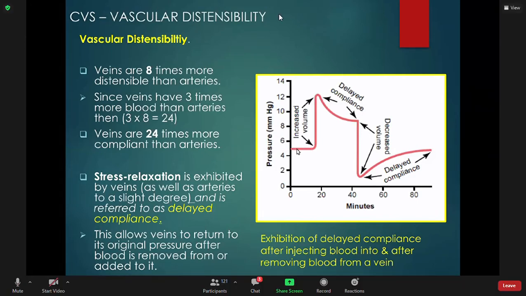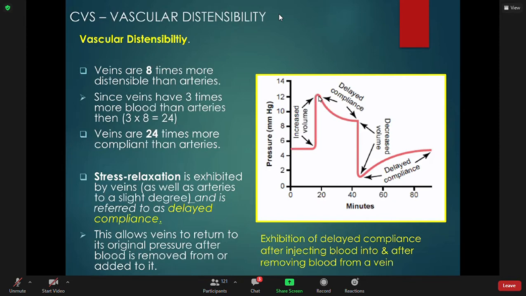Yes, Doc. So, for example, nag-transfuse ka ng dugo, 500 ml. Because you transfused blood, the volume will rise and the pressure will rise. According to hemodynamics, every increase in volume means an increase in pressure. Tama?